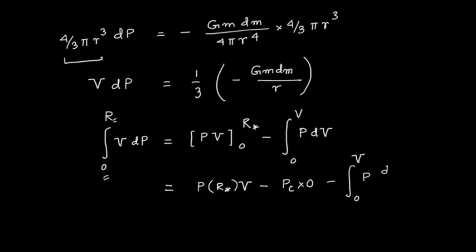I can write dV in terms of dm. This we have done many times. So this is just dm by rho. And you see the pressure at the radius of the star is 0 and this is also 0. So this entire thing boils down to only this much.